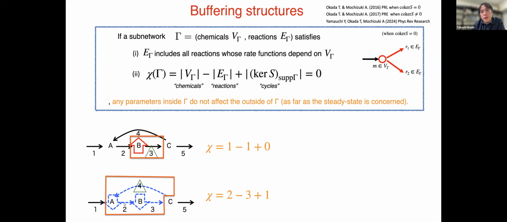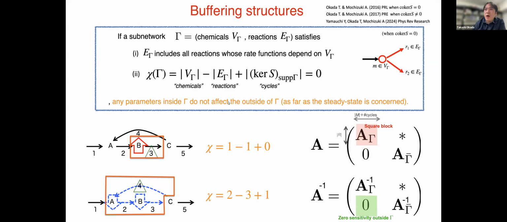And we have one cycle, one loop here, the loop consisting of reactions 2, 3, 4. So 2 minus 3 plus 1, the index is 0. So this is a buffering structure. And consistently with this theorem, the perturbation to reaction 4 does not affect the outside, the concentration of C.